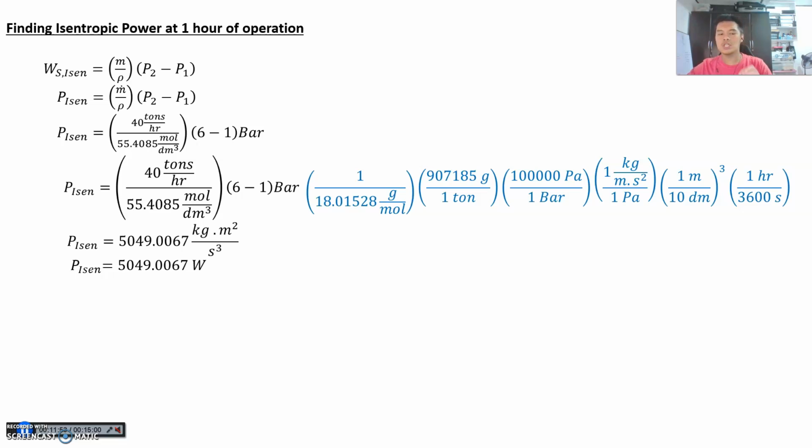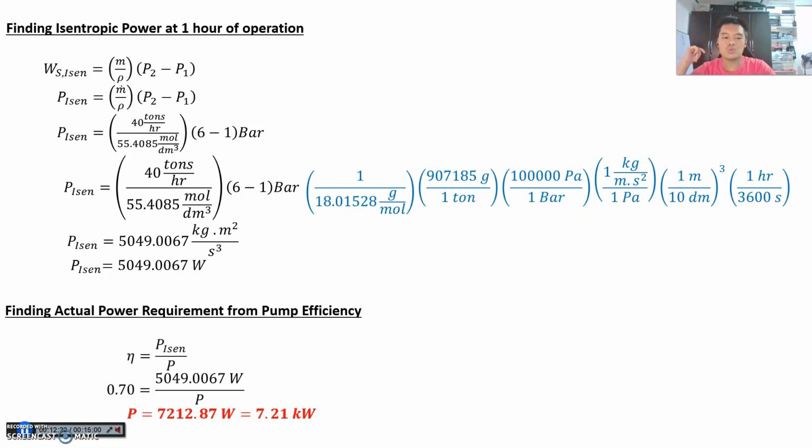Then, we substitute everything that we know: mass flow rate, density, pressure difference, and a few conversion factors. I calculated an isentropic power of 5049.0067 watts. This means that the minimum amount of power consumed by the pump is 5049 watts.